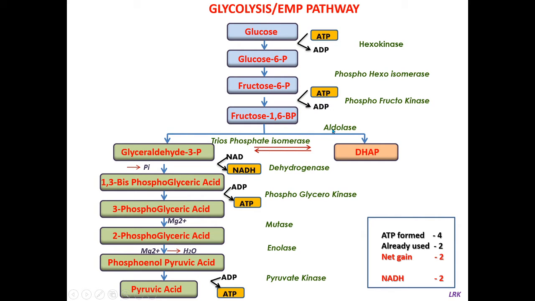Pyruvic acid is a three carbon compound, glucose is a six carbon compound, and in glycolysis, the net gain of ATP is 2 and NADH is 2. So these are the energy rich compounds, NADH and ATP, that accumulate in glycolysis.